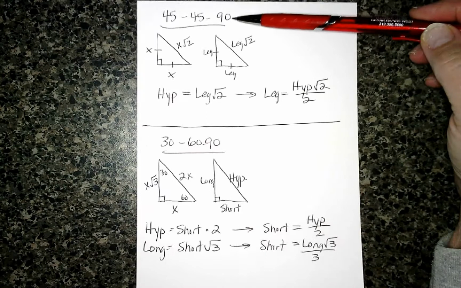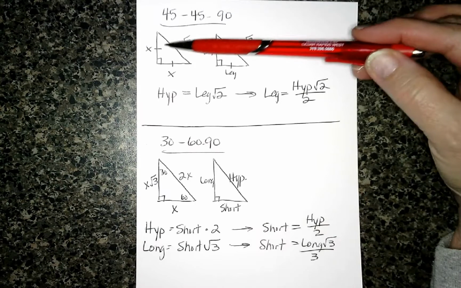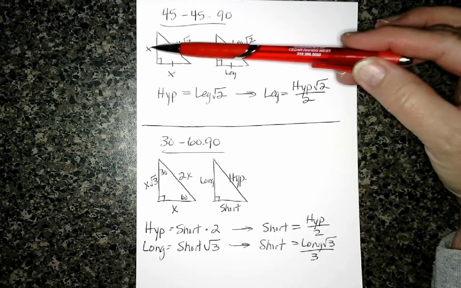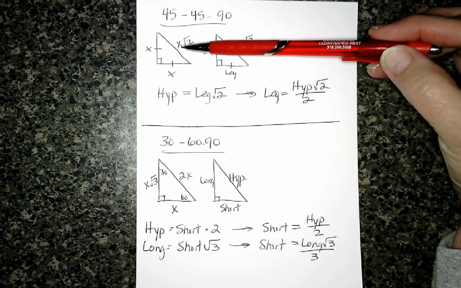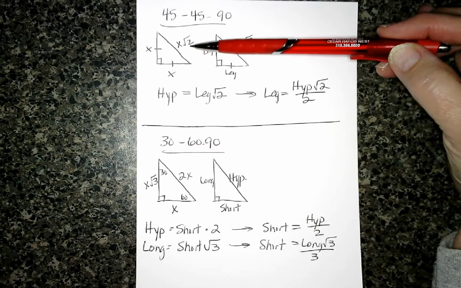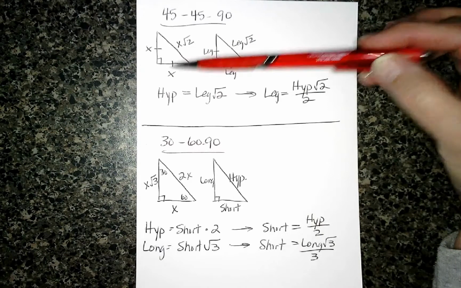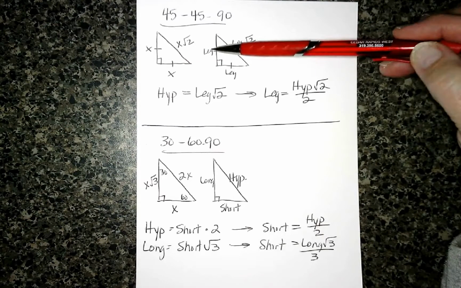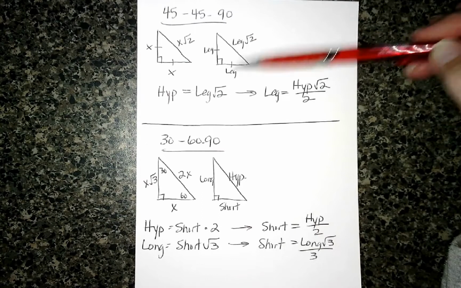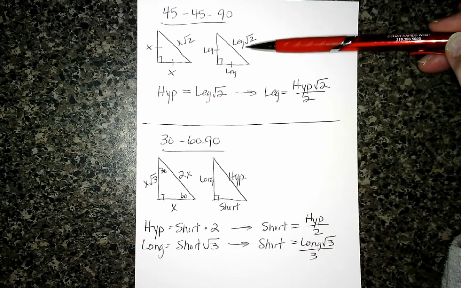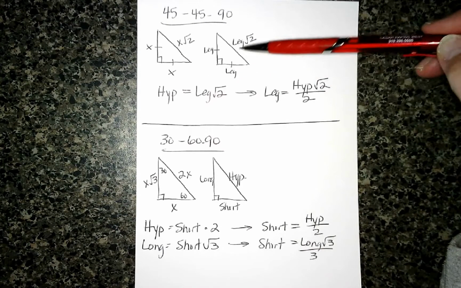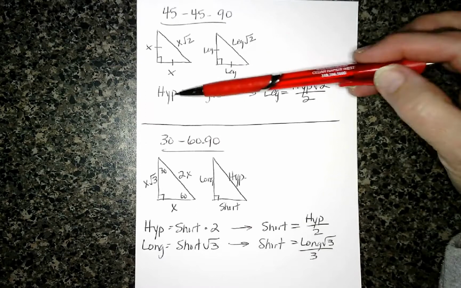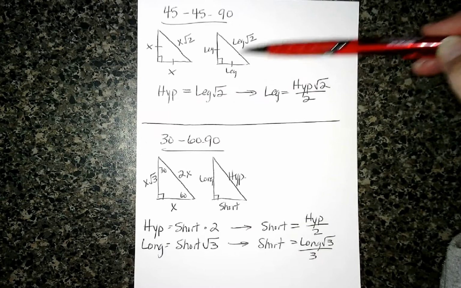I've shown obviously what kind it is. I've shown the relationships dealing with x and the hypotenuse being x square root of 2. Remember, the legs are the same on a 45. And then I've written it out in words: the hypotenuse equals leg square root of 2.